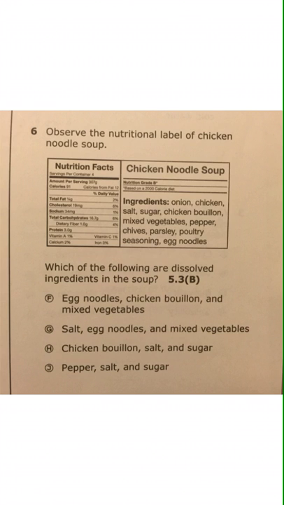Observe the nutritional label of chicken noodle soup. It has ingredients of onion, chicken, salt, sugar, chicken bouillon, mixed vegetables, pepper, chives, parsley, poultry seasoning, and egg noodles. Which of the following are dissolved ingredients in the soup?